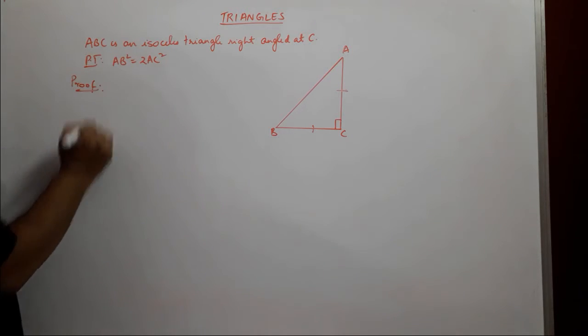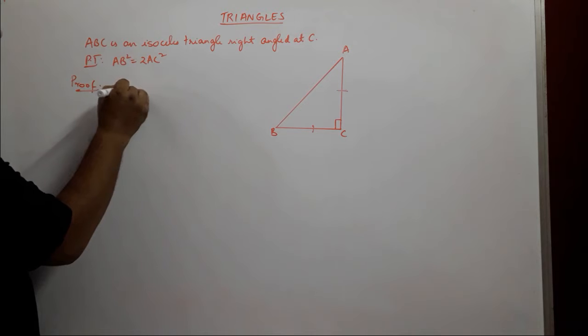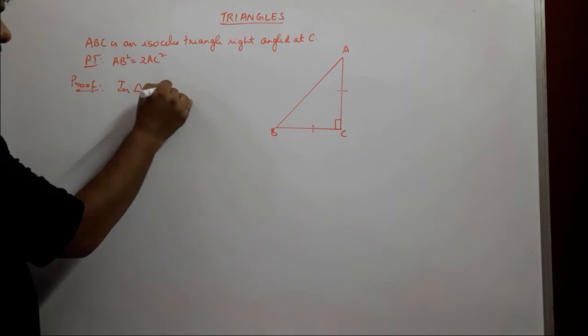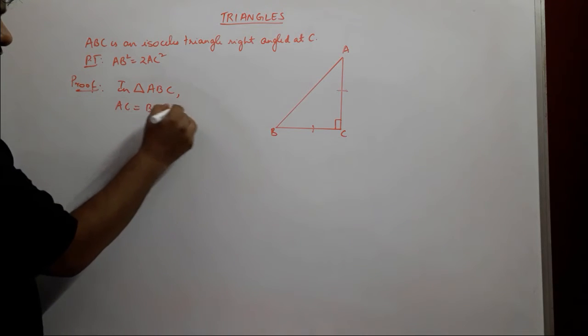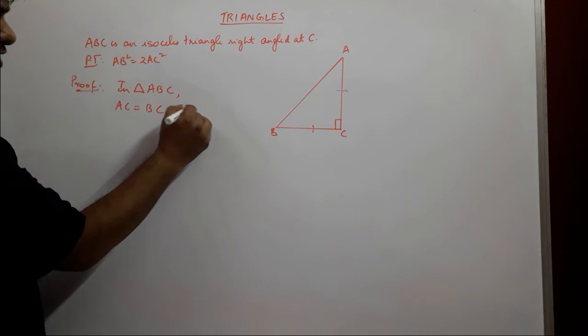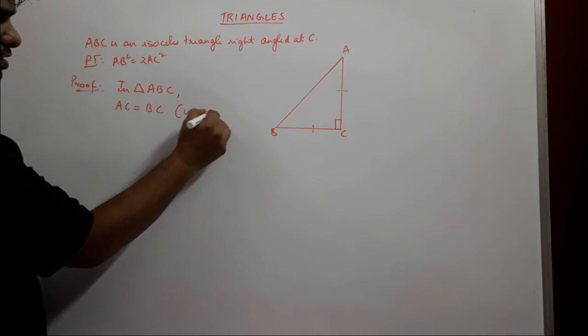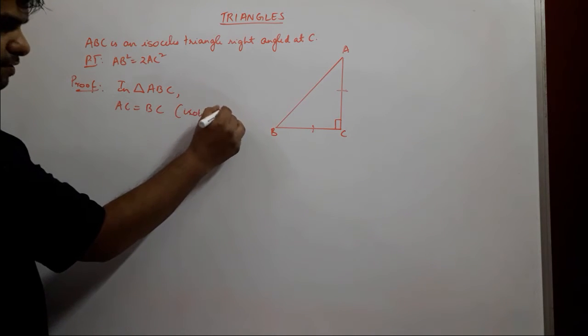So we say proof or solution. In triangle ABC, AC is equal to BC, because we are given that it is an isosceles triangle.